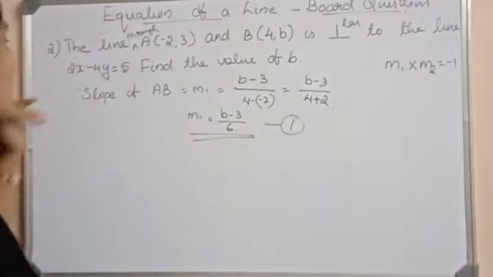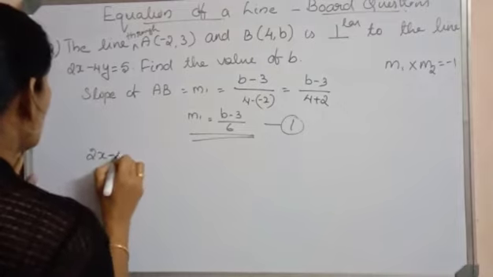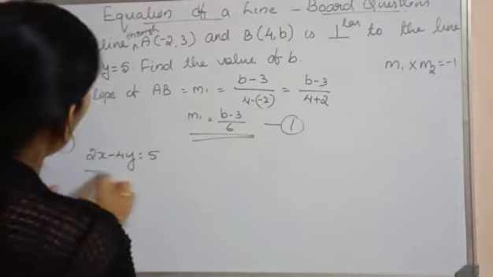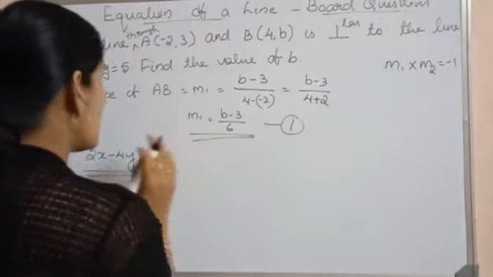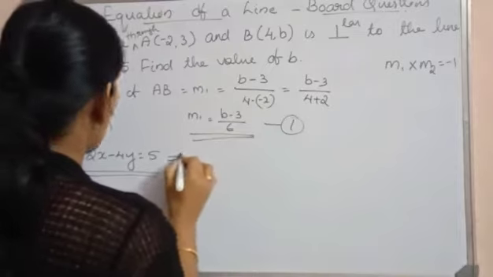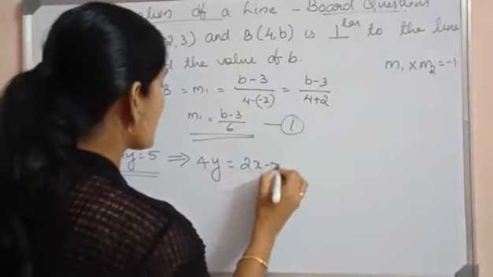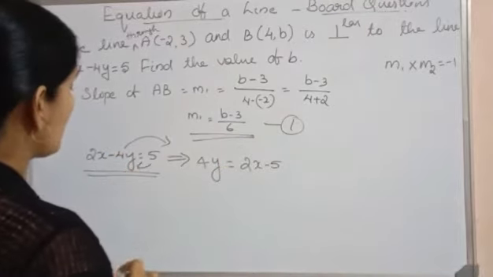Now, when we consider the second equation, 2x minus 4y is equal to 5, we have the equation of the line here. First, we need to convert this into the standard form. This implies 4y is equal to 2x minus 5, bringing 4y to the other side and 5 to the opposite side.